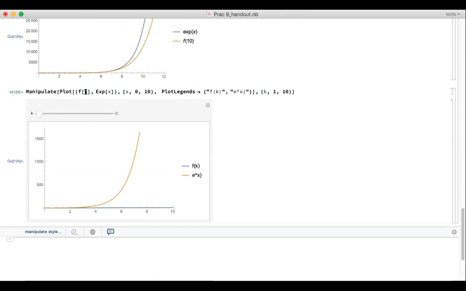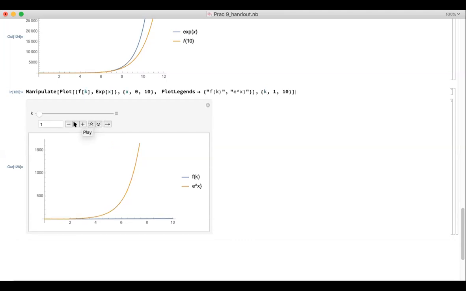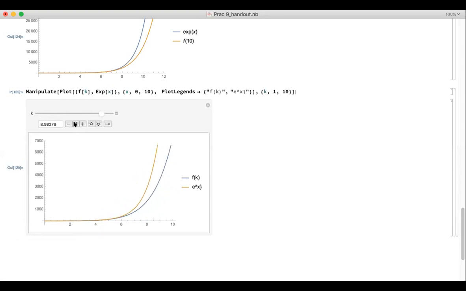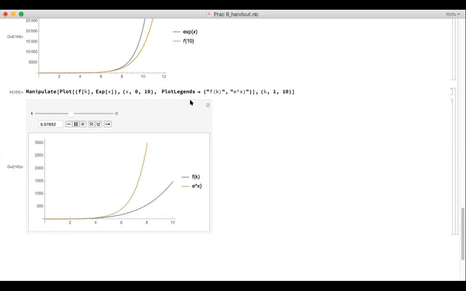It plots the function f of k and the e to the power x function, and then gives the legend, and every time k is increased, it just changes the curve. Okay, let's say we see by the time it reaches 10, the approximation is almost similar. Maybe we need to change that.